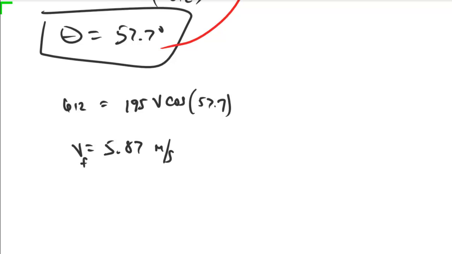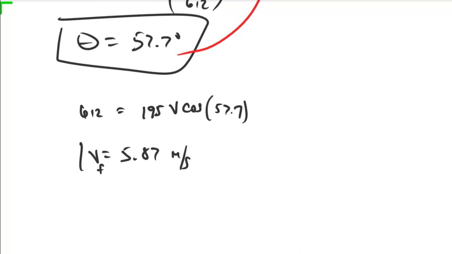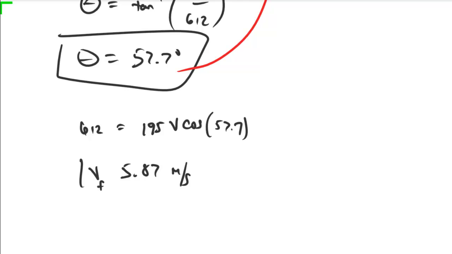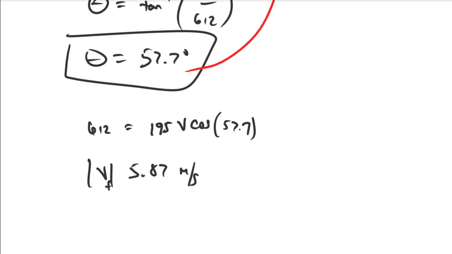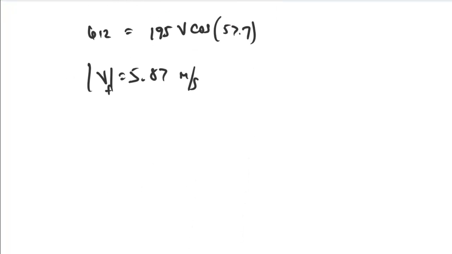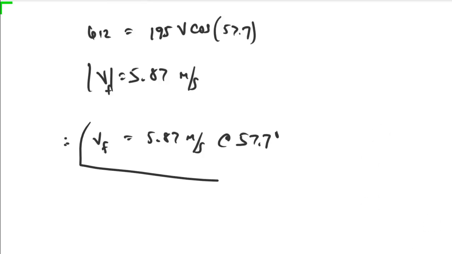Maybe I should call this v final. And this is magnitude. I didn't put the vector notation, but I'll emphasize the fact that it's magnitude here. Right, so we can say here the final velocity, therefore v final is equal to 5.87 meters per second at 57.7 degrees.